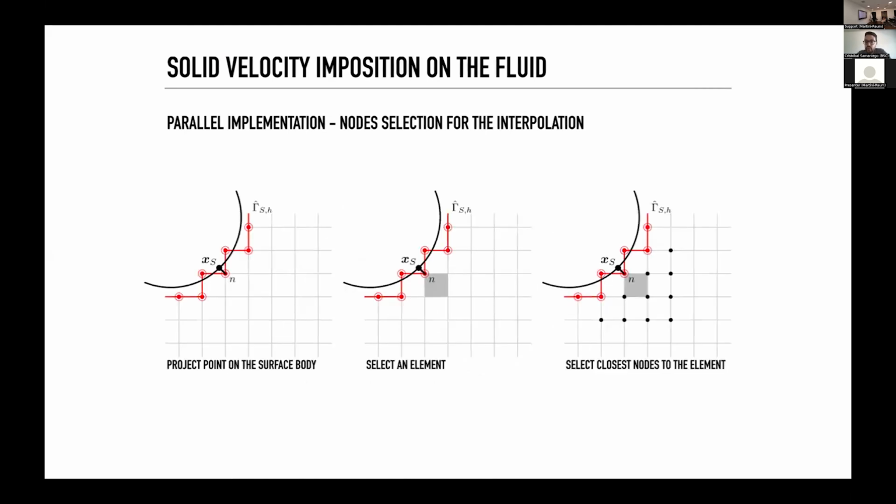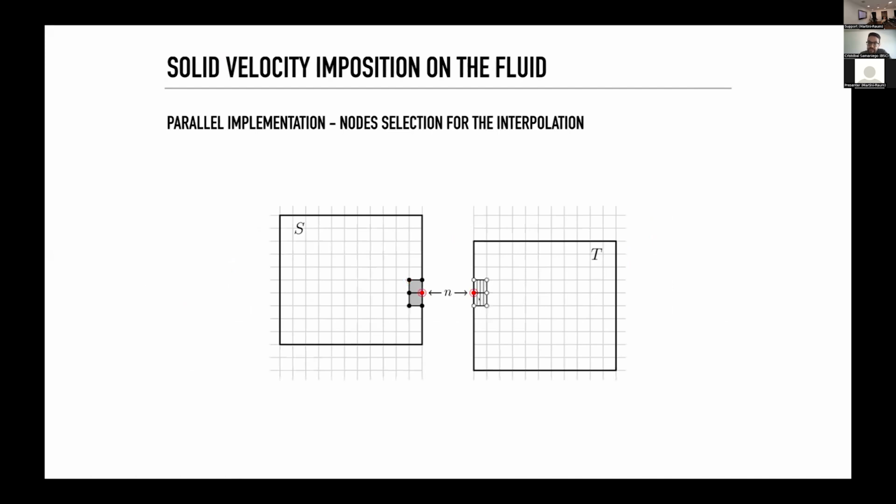So if you remember our selection algorithm, we need all the nodes that are connected to each node of the selected element. So in this case, we have a problem because we don't have this data.